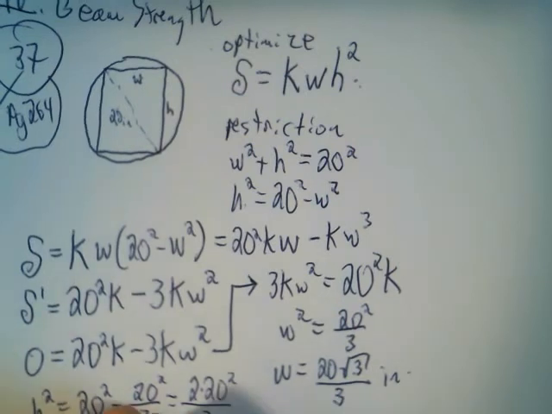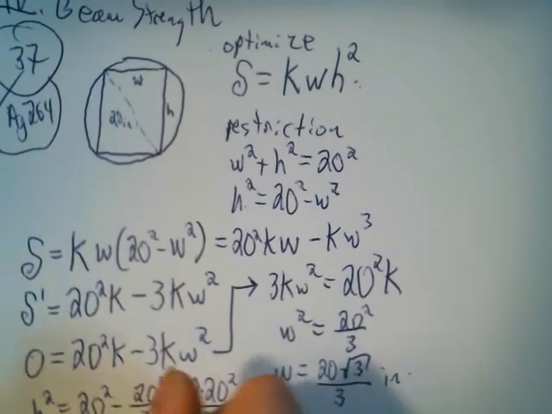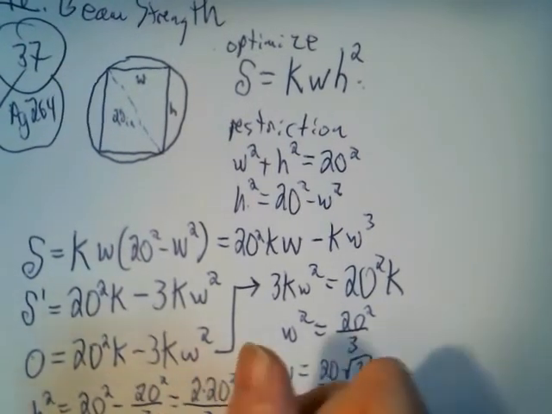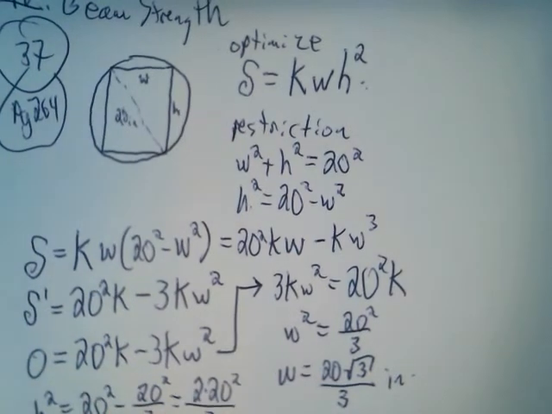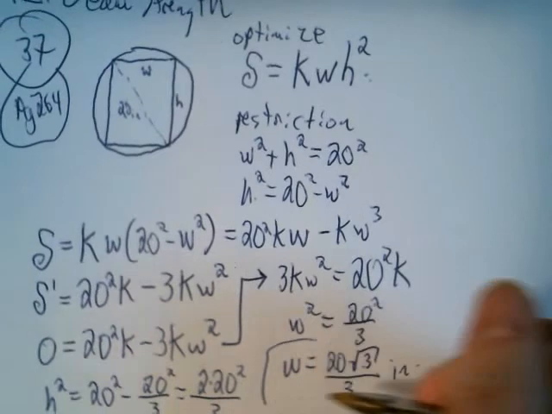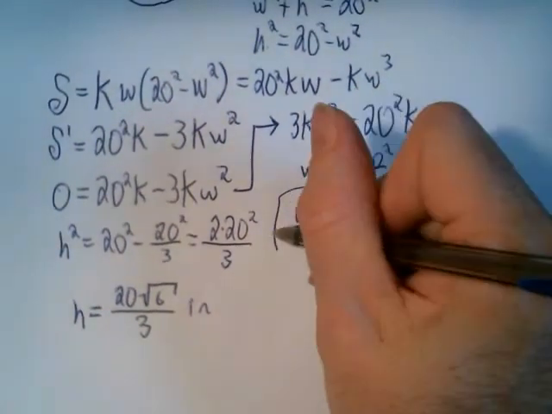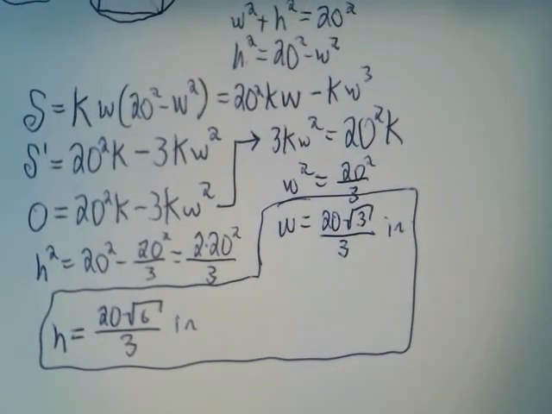Take the square root of both sides and you get H equals 20 times the square root of 6 all over 3. And that's it. So inches, of course. Oops, sorry, I ran off the page there for you. So that'll be that. Okay.